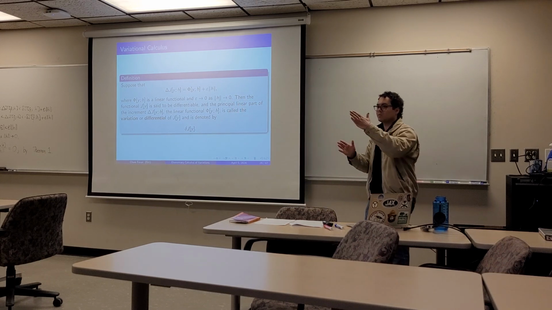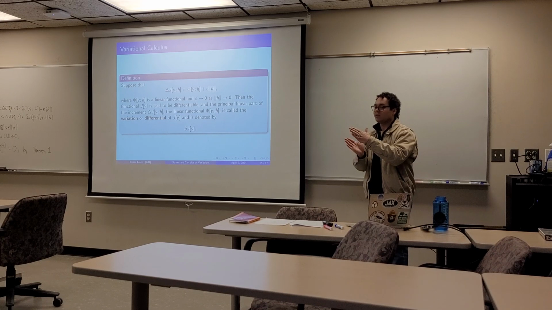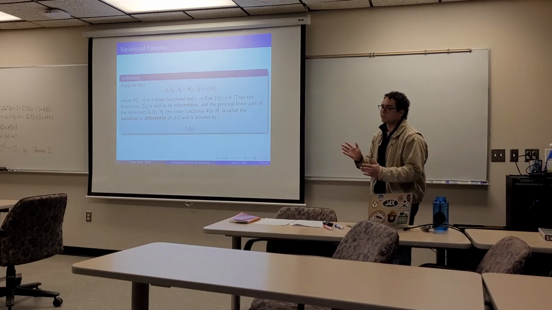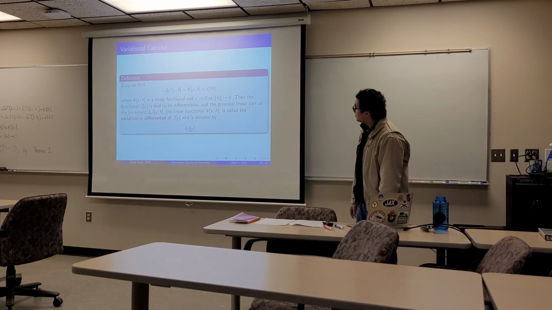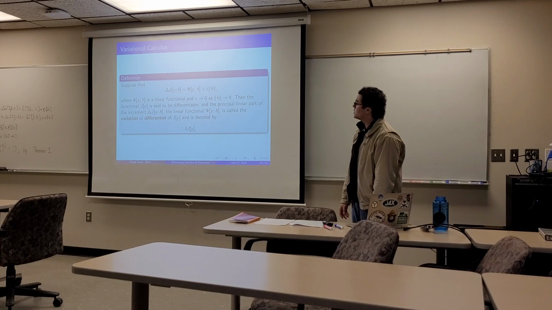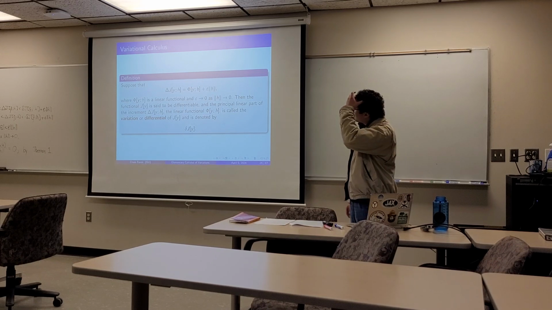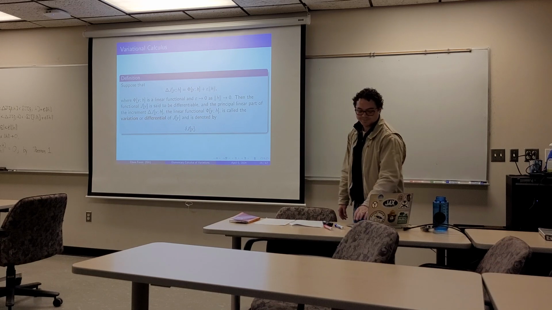So if we perturb this function and we find some other linear functional that approximates it very closely, then that linear functional is our derivative. And we would denote this with delta J of y.